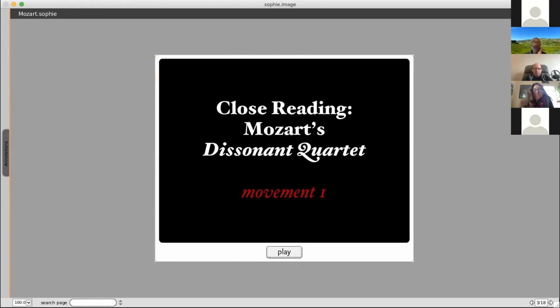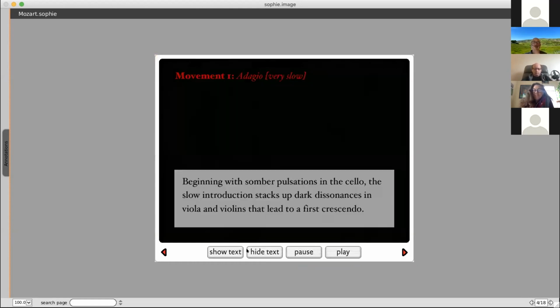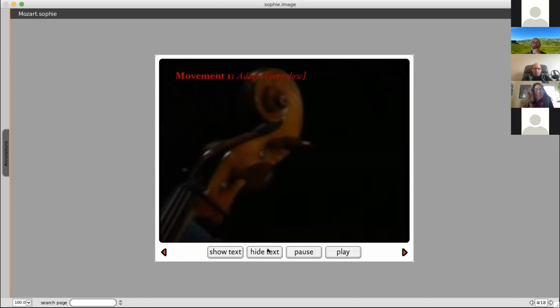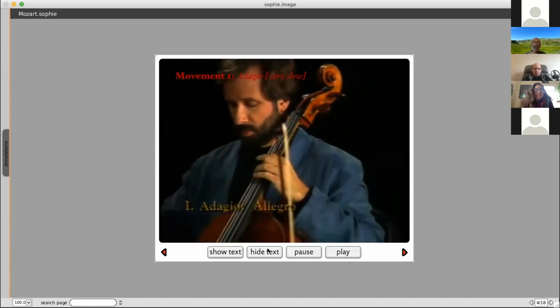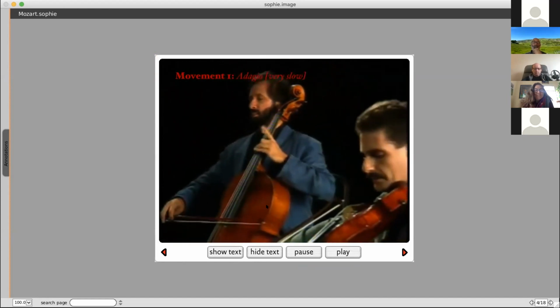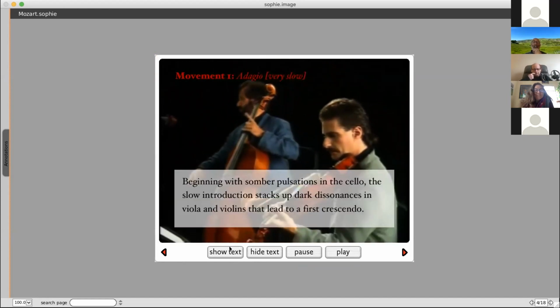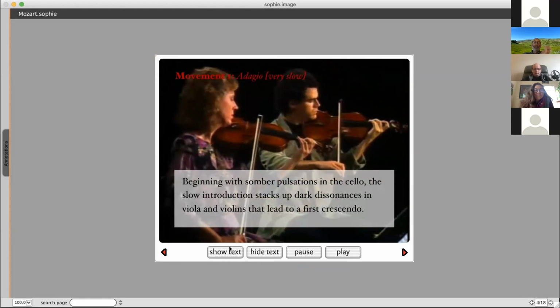But the real heart of these music companions was this, where the music starts to play, and you can get a running commentary.